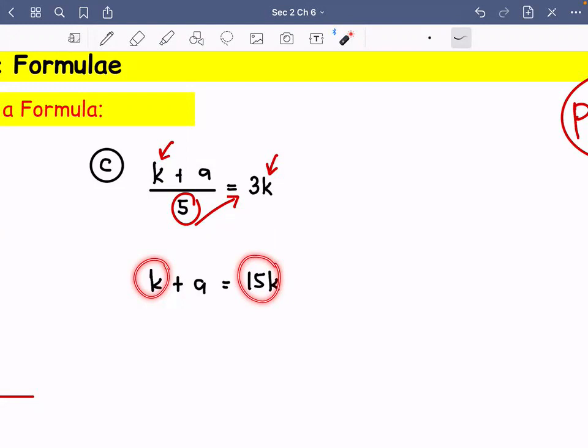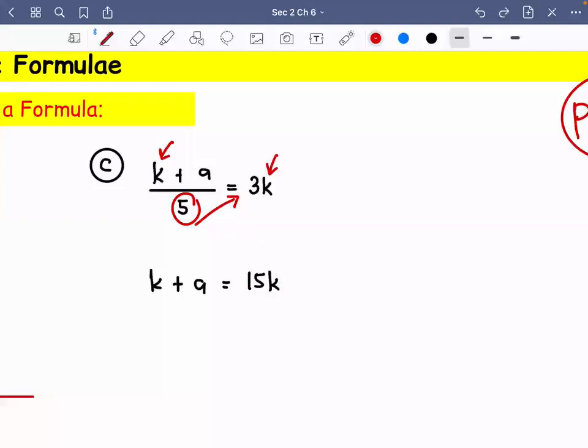Since I have K on the left and K on the right, you can put the 15K to the left side, or you can put this K to the right side, as long as they're together on one side. For me, I'll just put this on the left side.